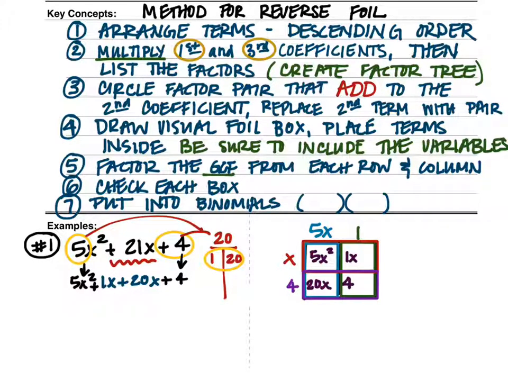So at this stage, my visual FOIL box has now been factored, and I'm going to take out my check now. To check this, I am going to use this as though it were a multiplication table.